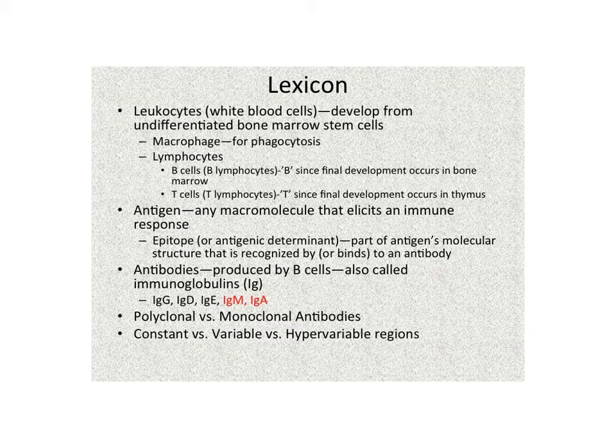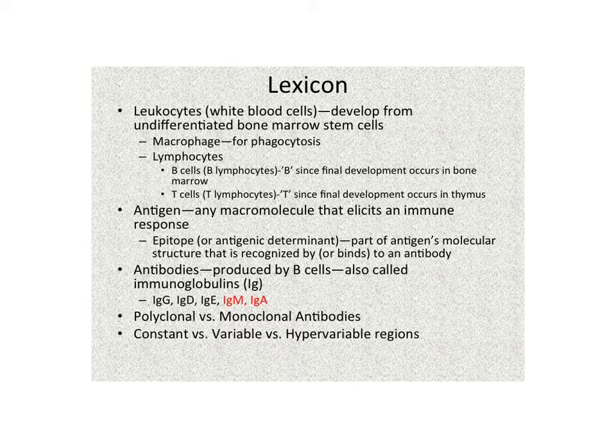Just some of the verbiage that gets used, because this is the first time we offered immunology, so a lot of times people didn't necessarily know or they get confused. A leukocyte is a white blood cell. And those come from the undifferentiated bone marrow stem cells. And then we have macrophage. Some people say macrophage, depends upon your proclivities or where you grew up or what country you come from, for phagocytosis.